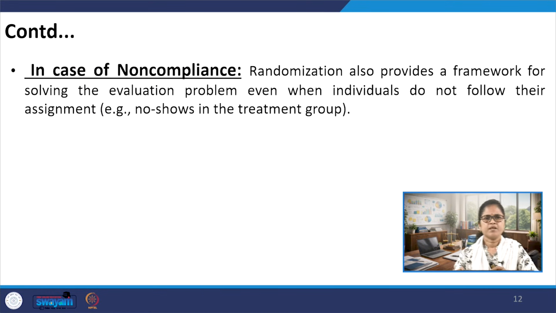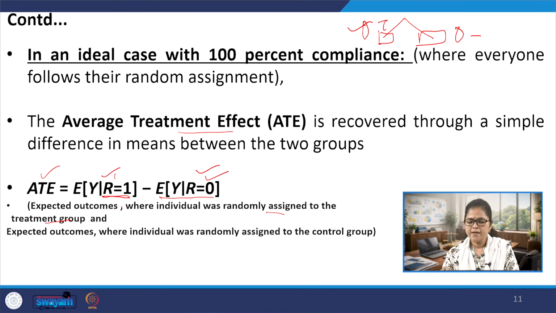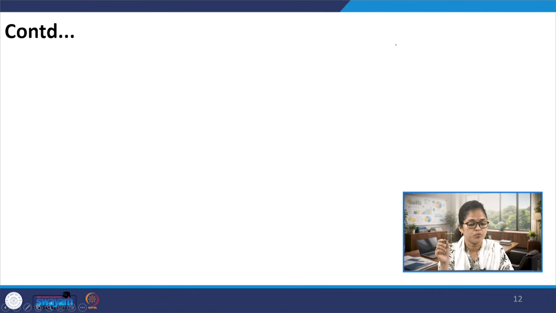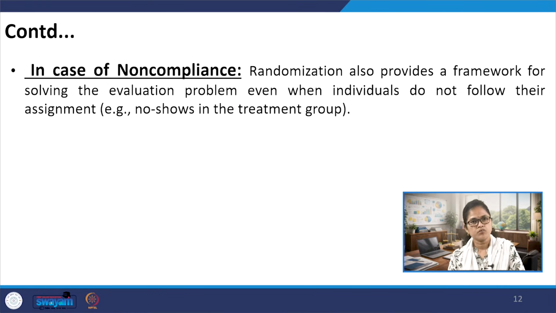Okay. But many times what happens, this compliance is not 100%. That means even though three persons are assigned to the treatment group, out of these three, one may be able to participate in this treatment group. So that means it is a case of non-compliance.